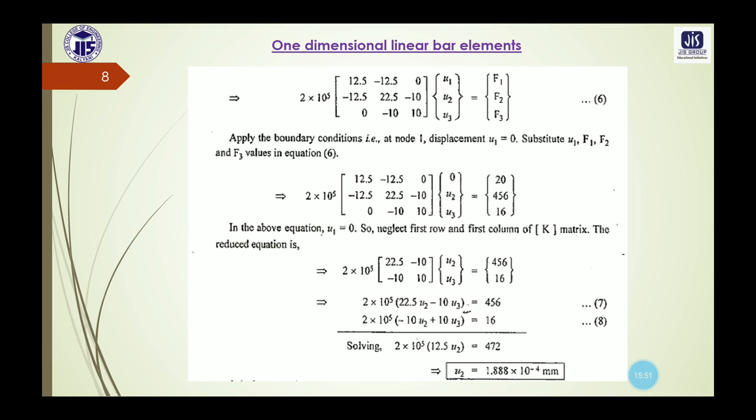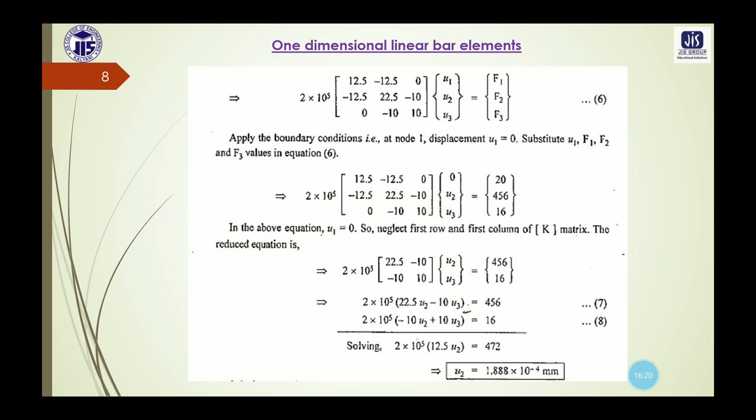From these two different equations we can eliminate the value of the u3 parameter, and finally we will be able to calculate the value of u2, that is the nodal displacement at node 2. So that means we are getting 1.888 into 10 to the power minus 4 millimeter.